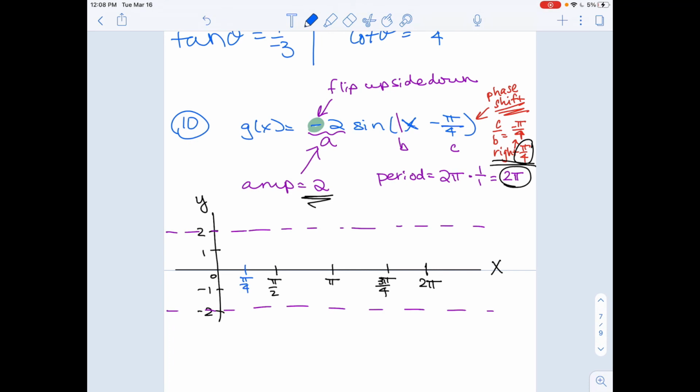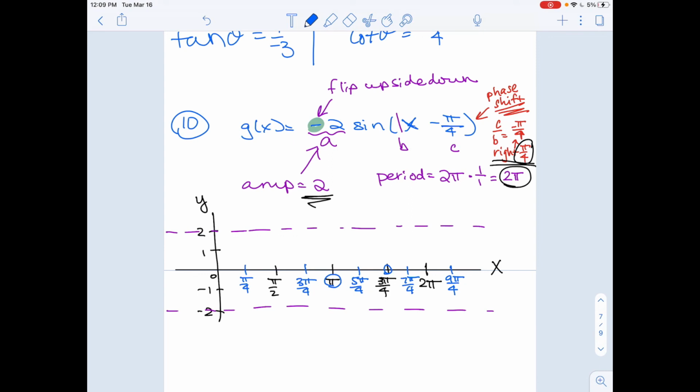And then every other important point also shifts over by pi over 4. So this point on the line is going to be 3 pi over 4. Here's 4 pi over 4. Here's 5 pi over 4. Here's 6 pi over 4. 7 pi over 4. And then here's going to be 9 pi over 4. So really now my important points are the ones that I've labeled in blue.